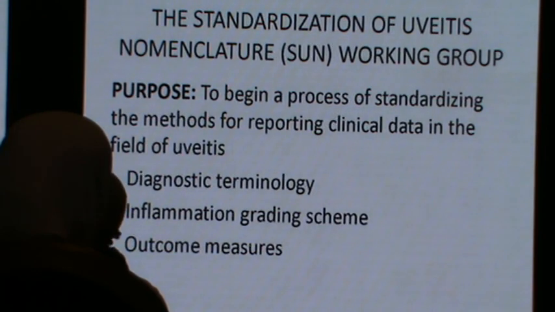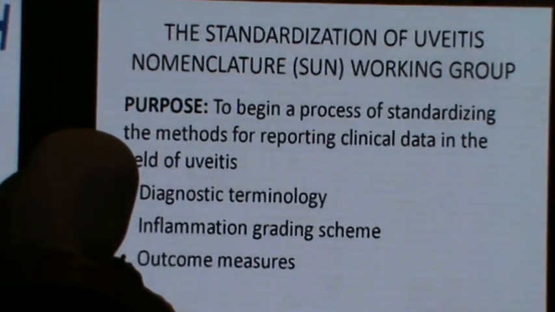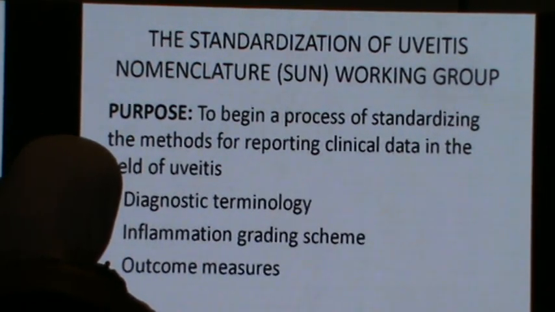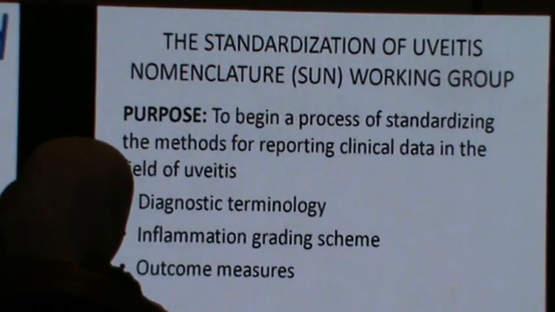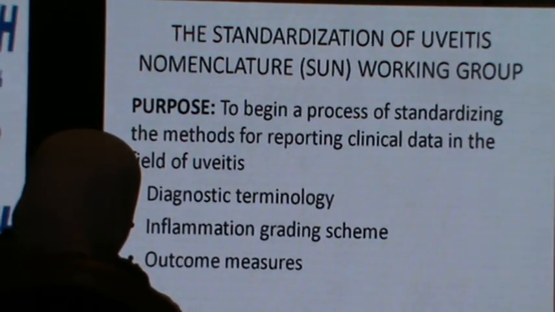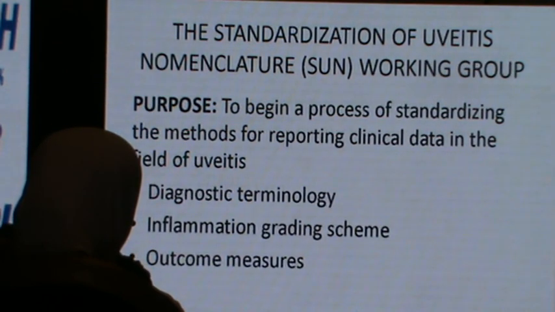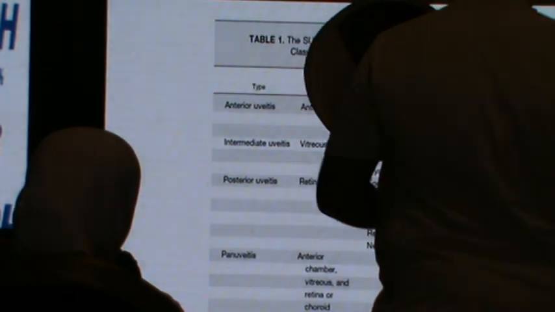It's important in clinical practice and in research. Because, for example, when I'm referring a case to my colleague and brother, Dr. Muhammad Abdelazim, I will tell him, Dr. Muhammad, I have a case of uveitis with 2+ cells and 2+ flare with retinal vasculitis, acute or chronic. So we must have a standardized nomenclature in the diagnosis, in the grading scheme, and in the outcome measures. And this was the mission of the SUN working group.